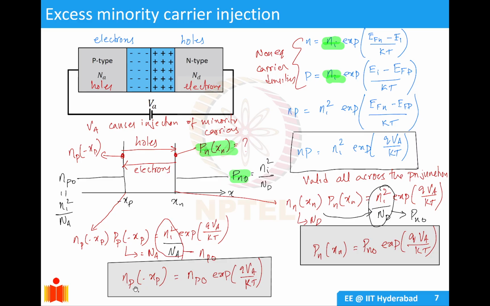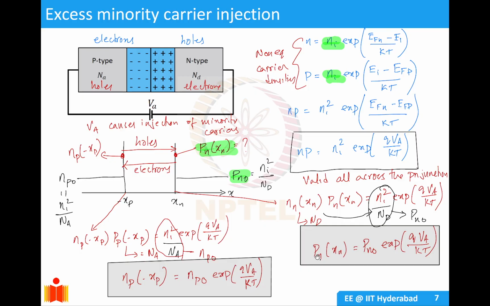So np of minus xp equals np naught, which is your base minority carrier density, exponential qVA by kT. Similarly, for the n side, pn at xn equals pn naught exponential qVA by kT.